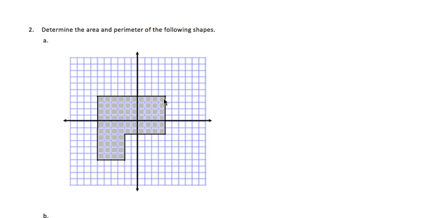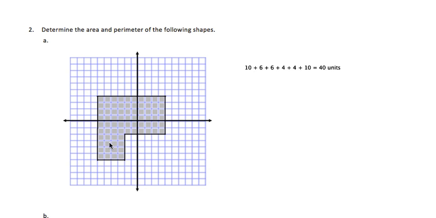This side is 10. And 6. So our perimeter is 40 units. 10 plus 6 plus 6 plus 4 plus 4 plus 10.